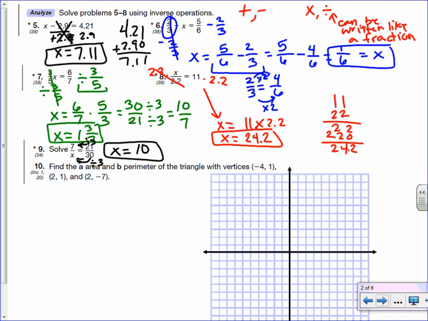Find the area and perimeter of a triangle with vertices at -4, 1. So to the left 4, up 1. Then 2, 1, to the right 2, up 1. And 2, -7.